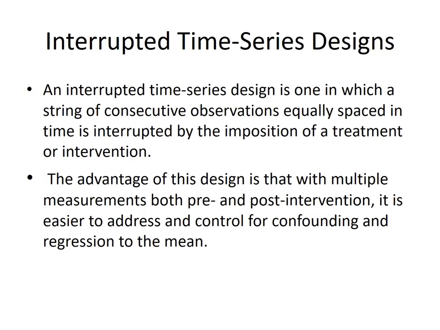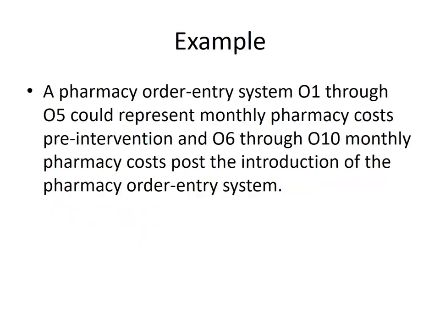This will add to the strength of this design. Example: for a pharmacy order entry system, O1 through O5 could represent monthly pharmacy costs pre-intervention, and O6 to O9 monthly pharmacy costs post-intervention.